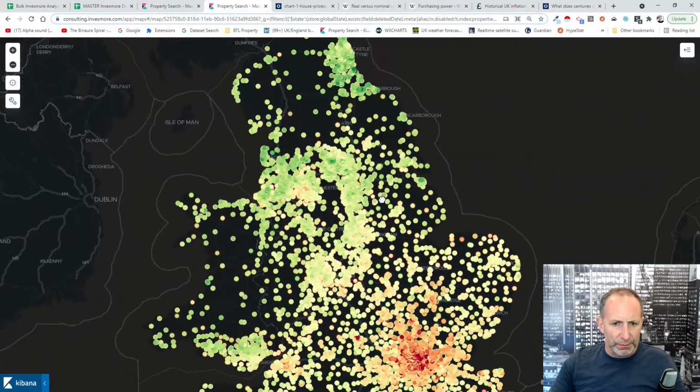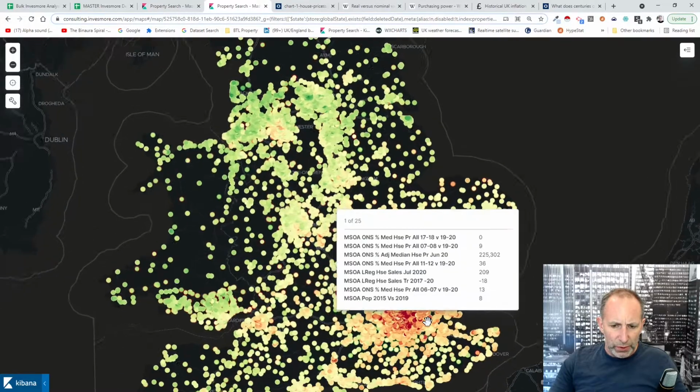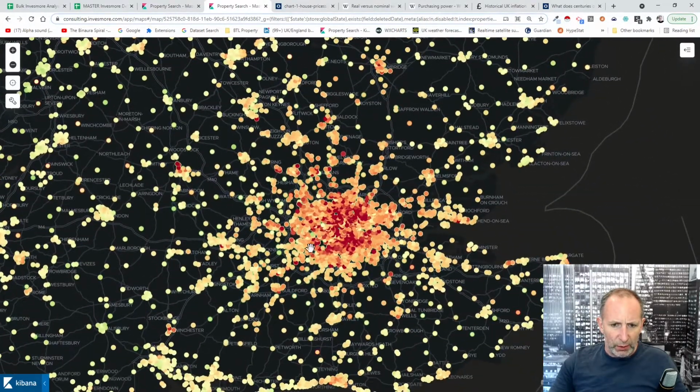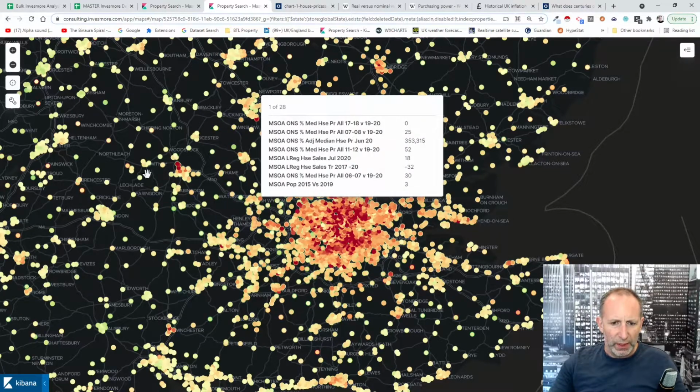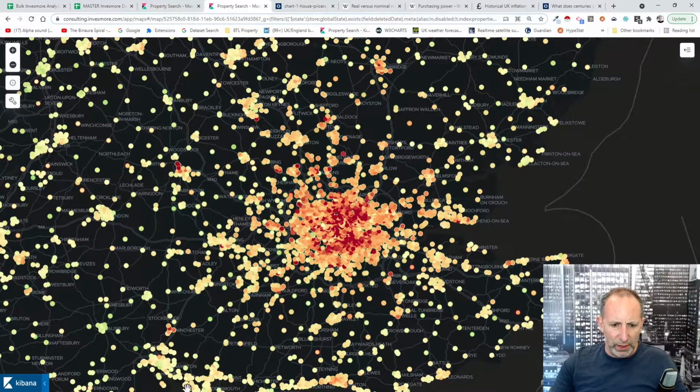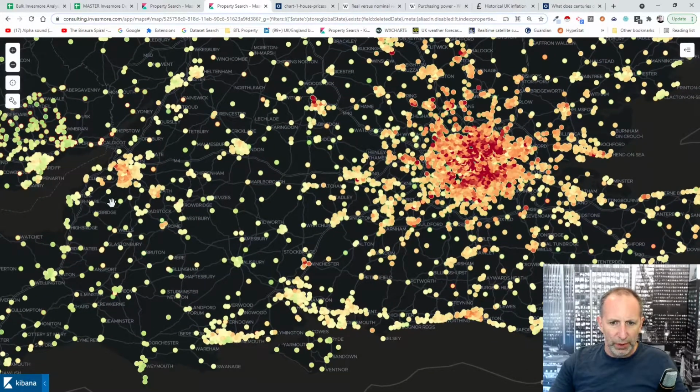Most of the country is in fact green, but what you also notice is how you get these massive concentrations of house price growth, and then you get a radiating effect, almost like a stone being thrown into a pond. The effect radiates outwards into the whole of the southeast.